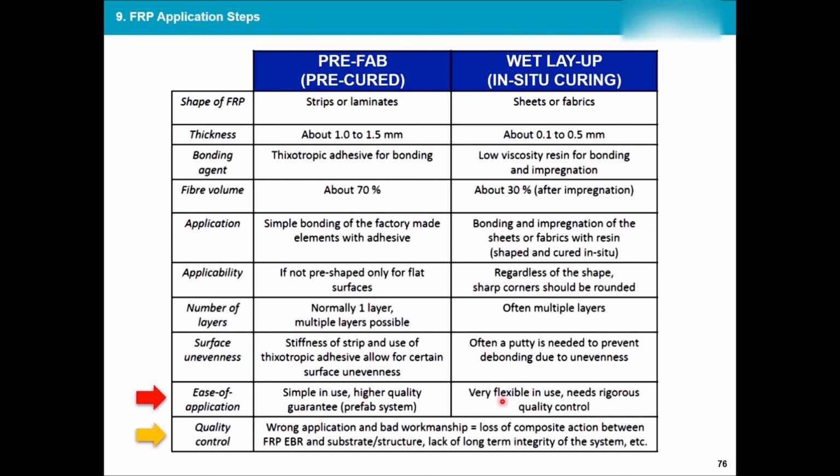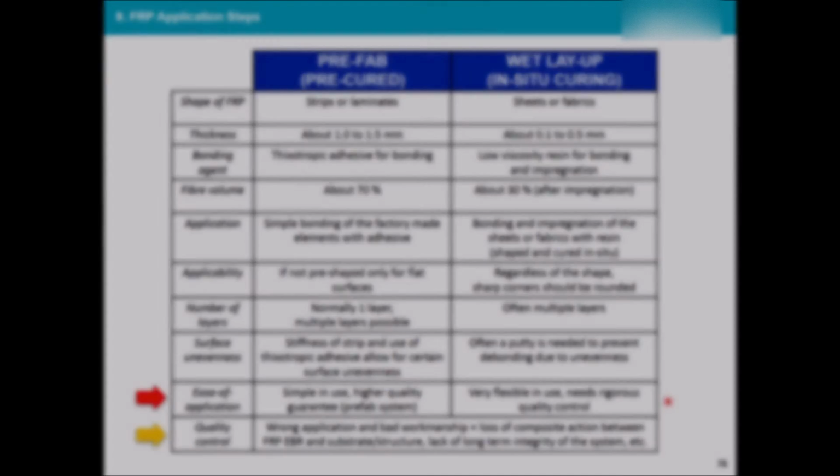But because it's all on site, if you have curves or funny shapes, it's more flexible to apply. Generally, quality control, bad workmanship, and inexperienced labor will all cause major issues. So you need proper quality control with someone who really knows how FRP is applied, and why and how to design FRP. If you have those, everything will be fine.